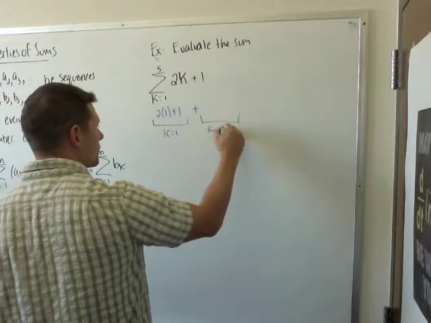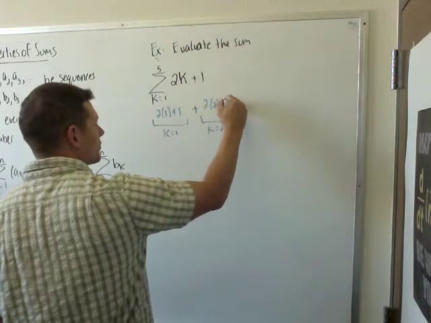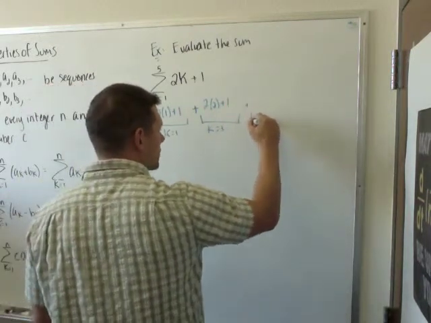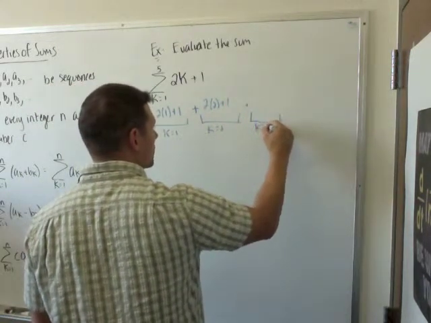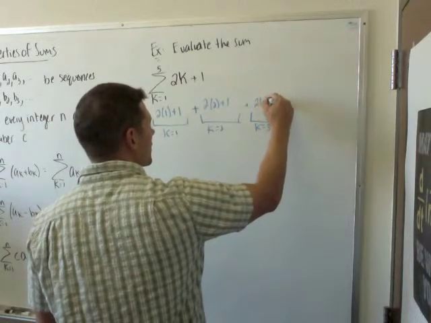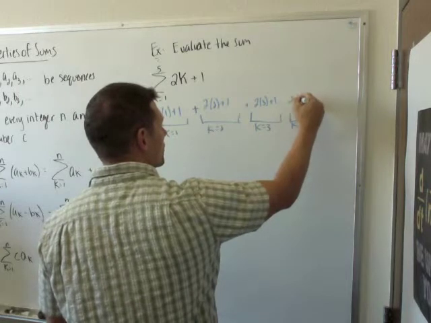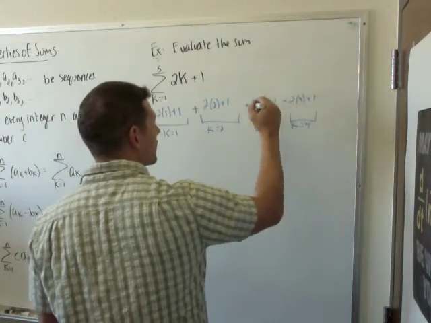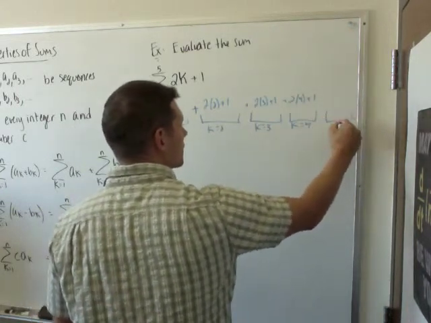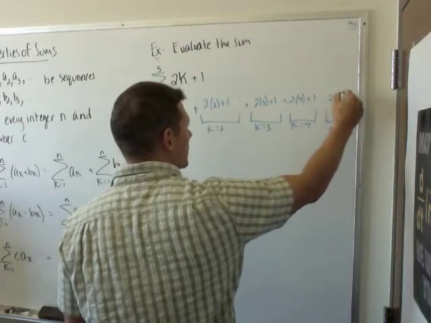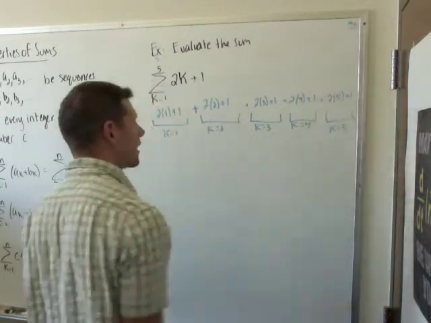K equals 2. I have 2 times 2 plus 1. Good. Plus. K equals 3. 2 times 3 plus 1. Awesome. K equals 4. 2 times 4 plus 1. Right? And then finally, k equals 5. 2 times 5 plus 1. So you could add that up.